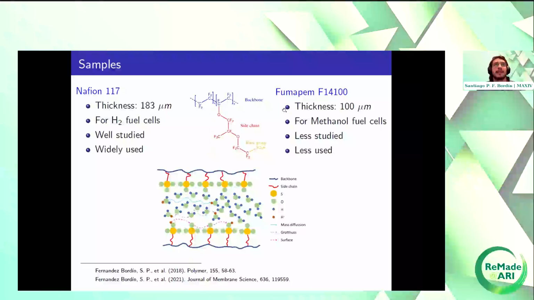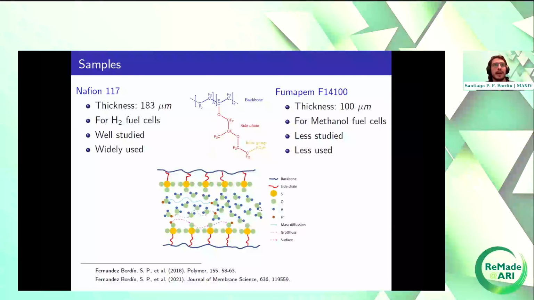Both membranes have a similar chemical structure. They have a backbone that is a fluorocarbon structure, and then a side chain that is finished in a sulfonic ionic group. This part of the molecule is hydrophilic and organized in the membrane in a way that forms water channels.